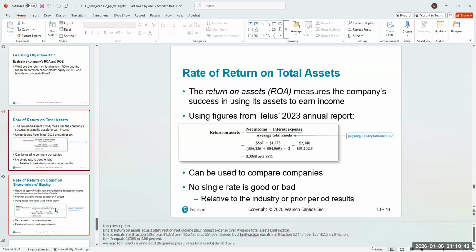You take the income that you're generating from operations. You add the interest expense, because the interest expense has been deducted from the net income. And you get the average total assets, meaning assets at the beginning of the year plus the assets at the end of the year, divided by 2. And this company generates, for every dollar, 3.88%.